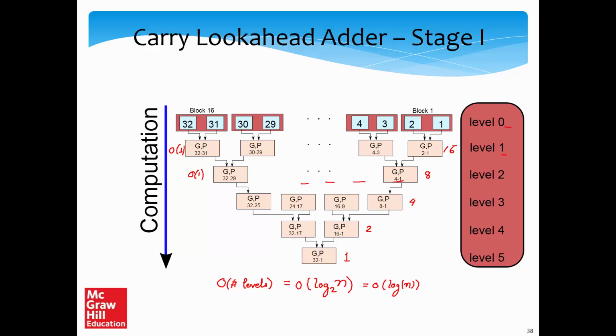One AND for the propagate and one OR and one AND for the generate, and we have order of log n levels, so the total time it will take is order of log n. And we will have essentially a tree of GP functions, like an inverted triangle, with GNP functions for different ranges of bits. So the question is, we need to use it to actually do our addition.